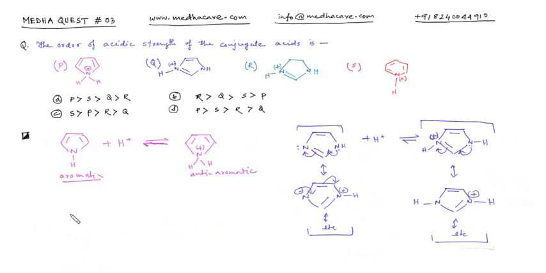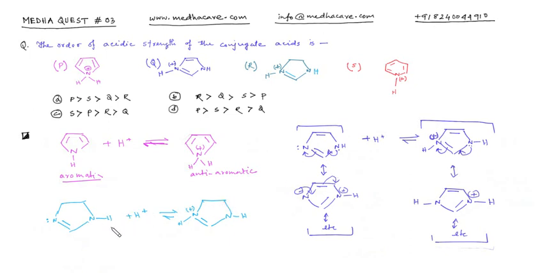Now the third one, the dihydroimidazole, actually 3,4-dihydroimidazole. In this case, here is the lone pair. It will accept one proton and form the conjugate acid. Now here is the conjugate acid. Now compare these two, imidazole and 3,4-dihydroimidazole.